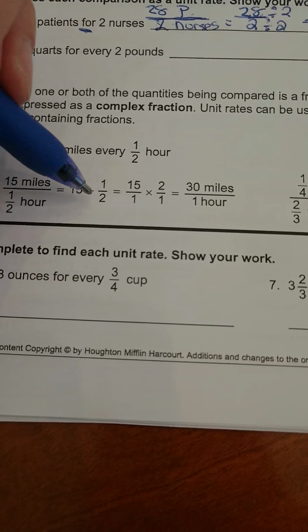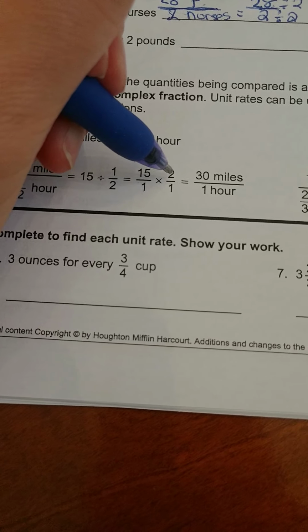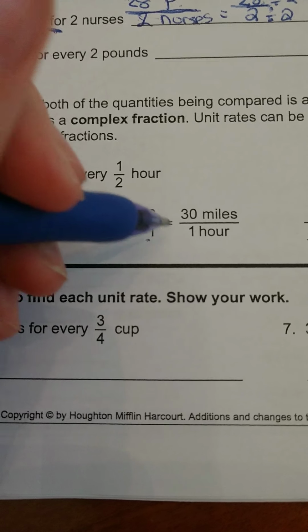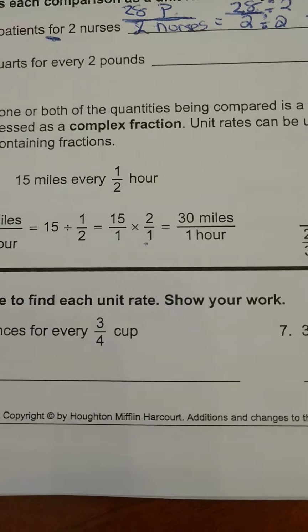So they have 15 divided by 1/2 equals 15 over 1 times 2 over 1, because again, to get to a denominator of 1, we multiply by 2. So 15 over 1 times 2 over 1 equals, well, 15 times 2 is 30, and 1 times 1 is 1.